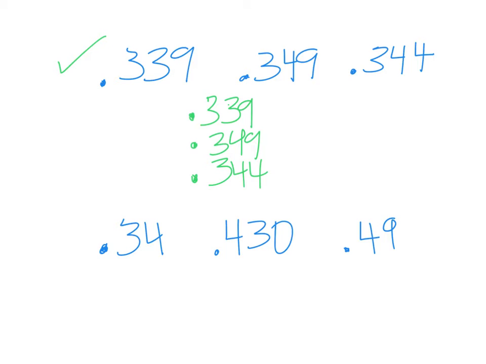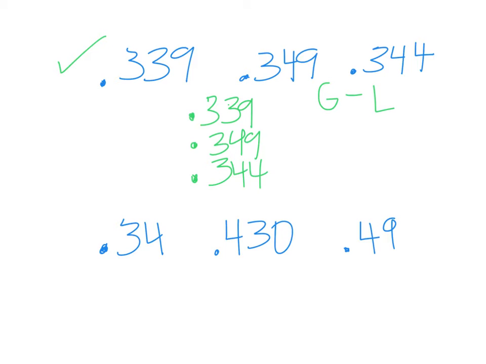Looking at these numbers, all 3 of them go to the thousandths. I don't need to add any zeros in. I'm just looking for which one's the biggest, which one's in the middle, and which one is the smallest. I'm going to pretend I'm going greatest to least here, so off to the side I'm going to put a little note, G to L, from greatest to least.